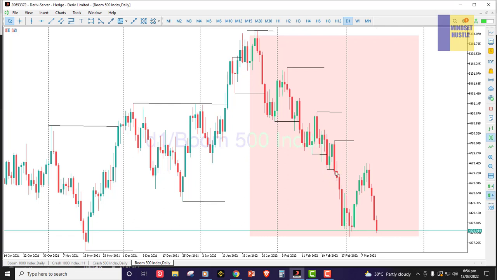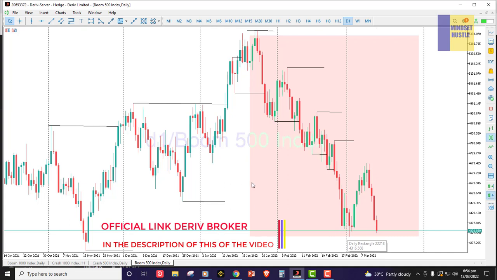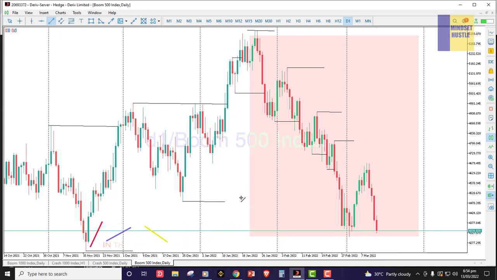So this structure was broken, and we created a new low, which is here, the last low. It has not been breached yet, because this particular one was the last low before this low, but because a candle body didn't close below it, we use this as our last low.